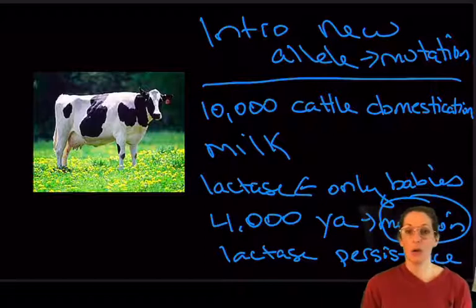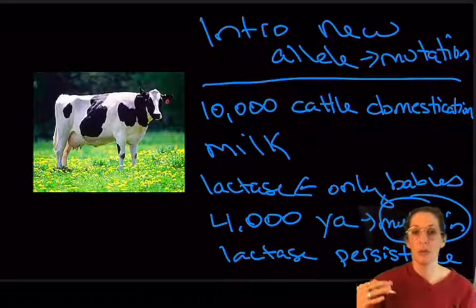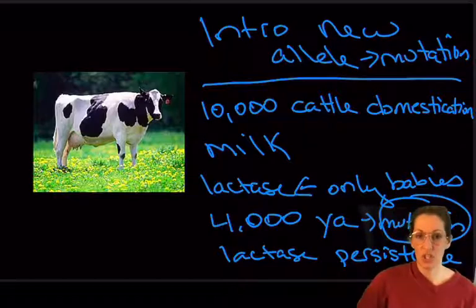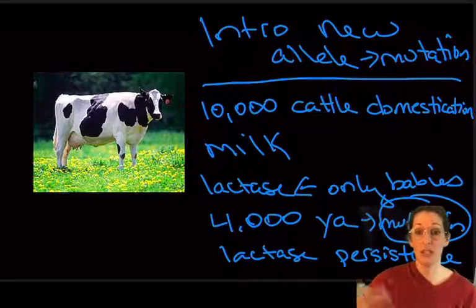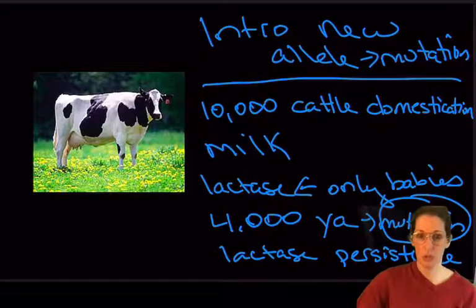So around 4,000 years ago, in the European lineage, a mutation occurred that introduced lactase persistence. And what this means is that individuals who carried that mutation could continue to digest milk into adulthood.